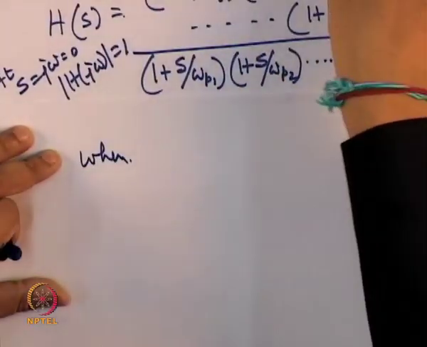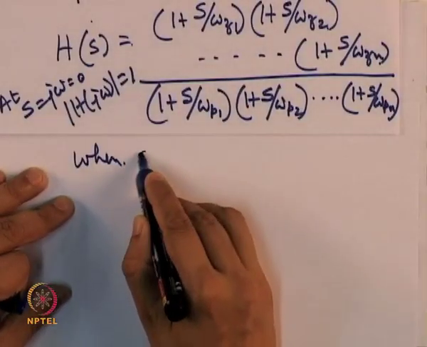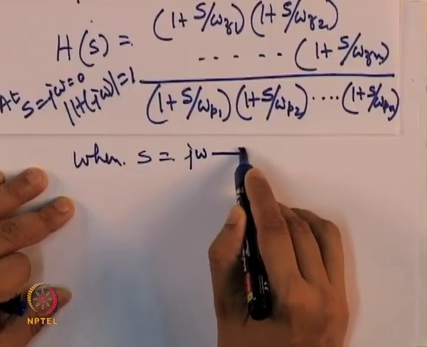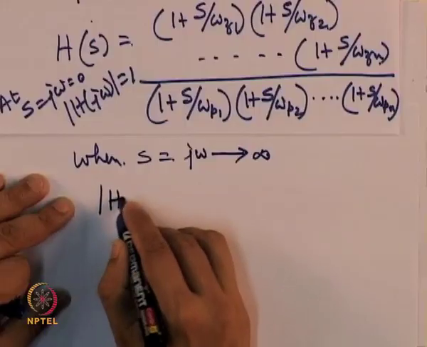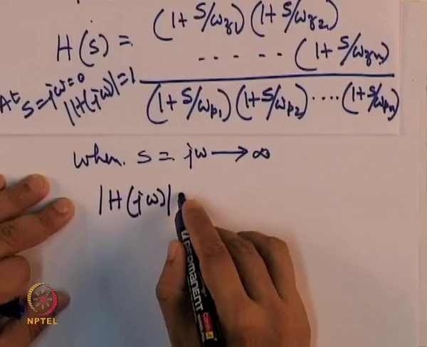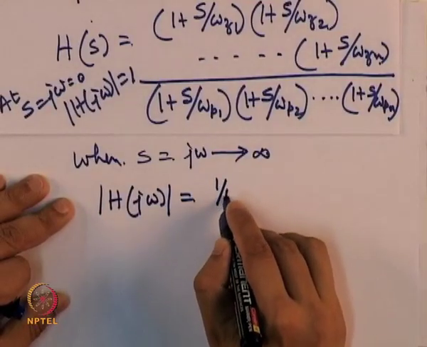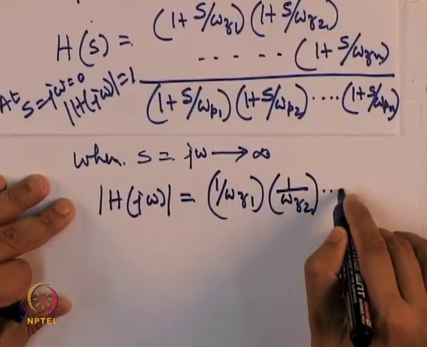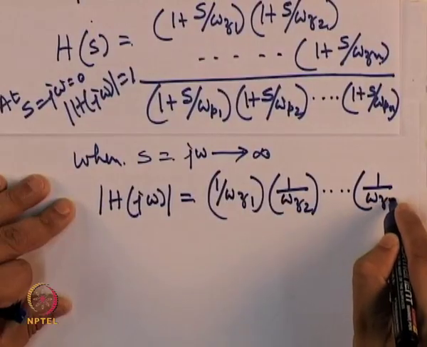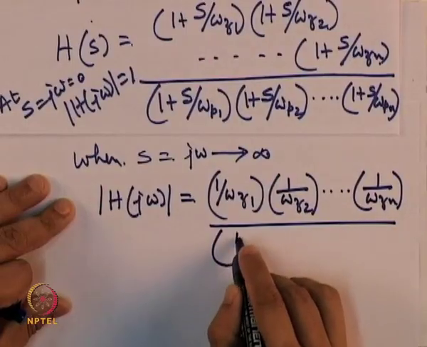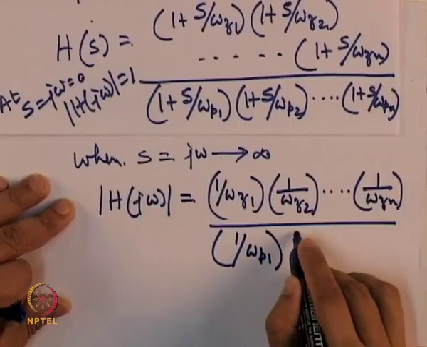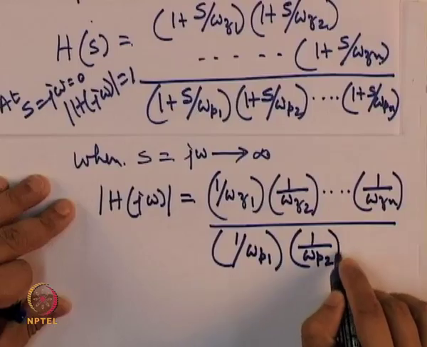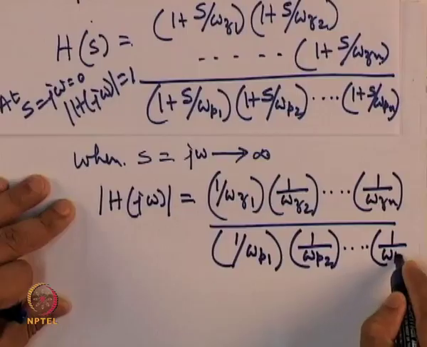And when s equal to j omega tends to infinity, the magnitude of H of j omega becomes equal to 1 upon omega z1, 1 upon omega z2, up to 1 upon omega zn, upon 1 upon omega p1, 1 upon omega p2, up to 1 upon omega pn.